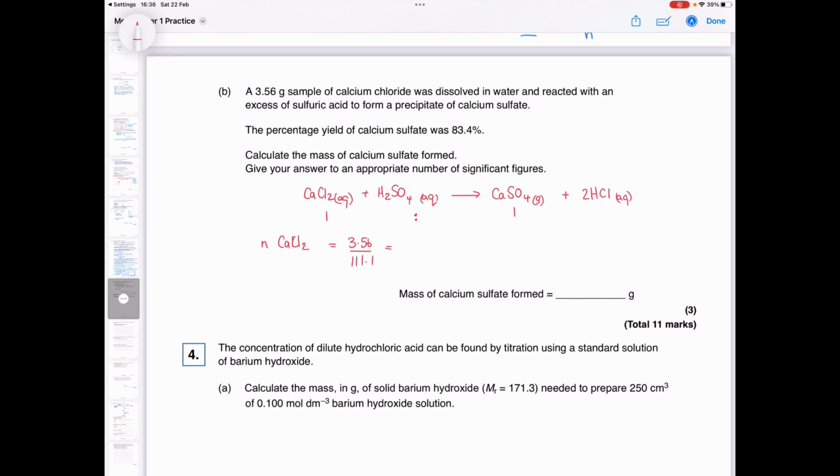That gives us 3.204 times 10 to the minus 2 moles, and that's equal to the moles of calcium sulfate that would be formed if the percentage yield was 100%.